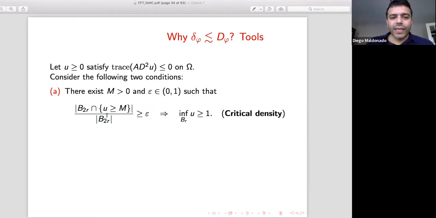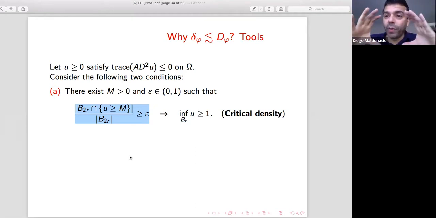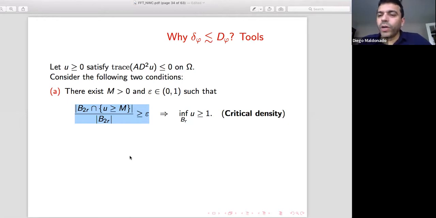So this reads like this: if u is bigger than 1,000,000, 1% of the time in a ball, then in the ball of radius 2r, then in half the ball, radius r, u is bigger than 1. That's what we call a critical density property.